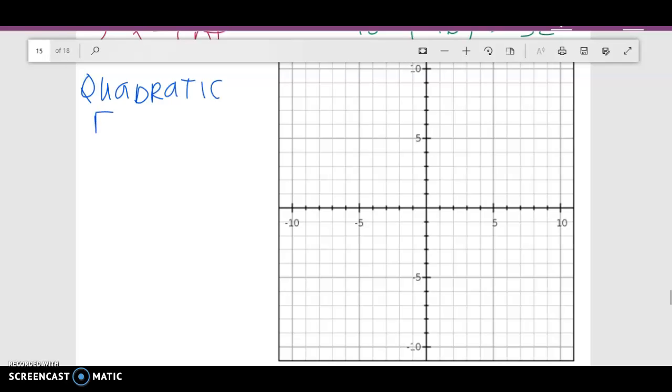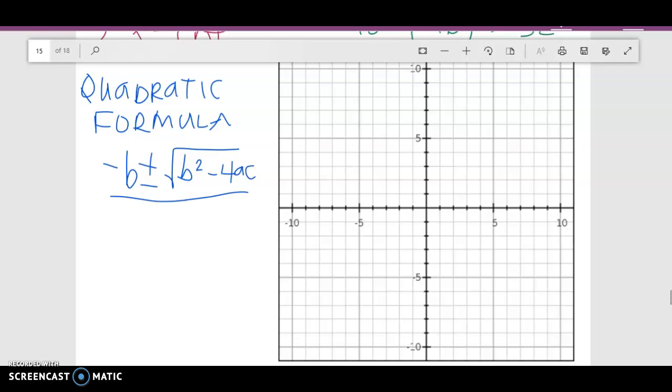The reason the quadratic formula is so nice is because it helps us find the solutions to quadratic equations that are not factorable, okay? The quadratic formula is negative b plus or minus the square root of b squared minus 4ac, all over 2a. That should look familiar. We just used that discriminant expression.